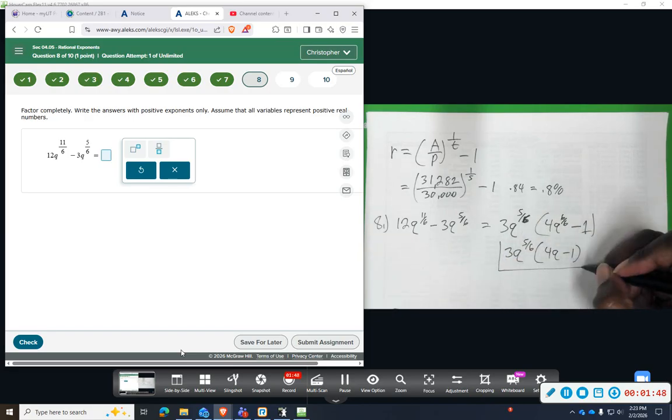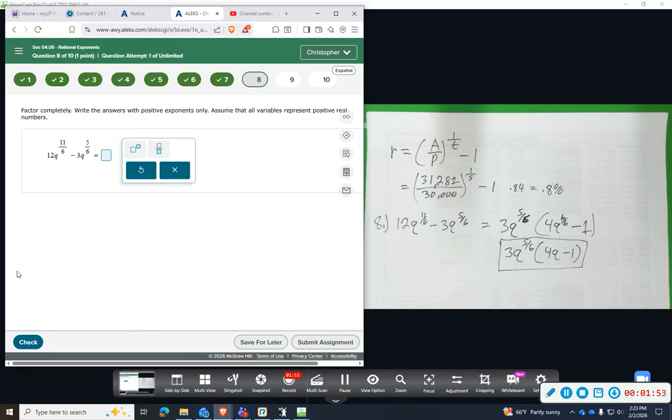So this would be factored completely. And then this would be 4q minus 1.